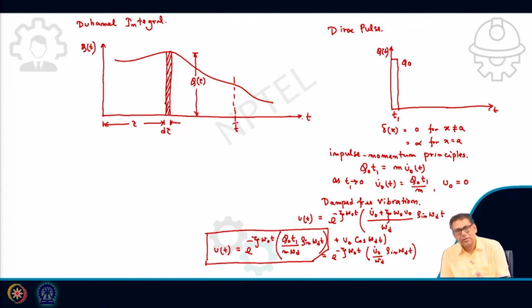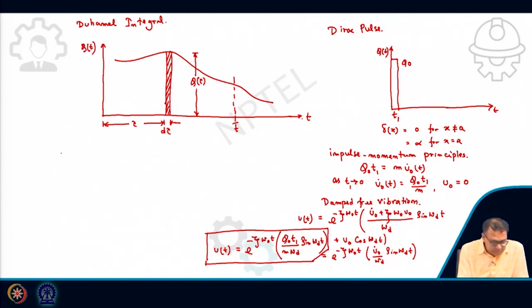So I have applied this load and I want to get the response at time t bar. For this particular condition, using these expressions, because I am considering this is one particular case which is similar to this pulse load, and then I will add them over the entire region.